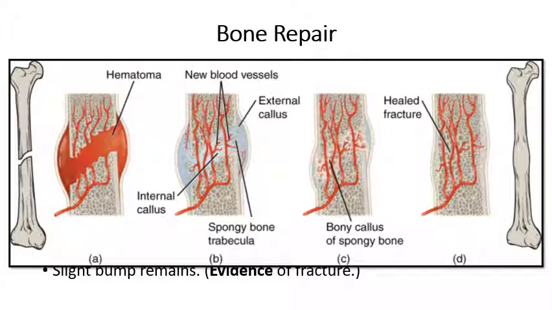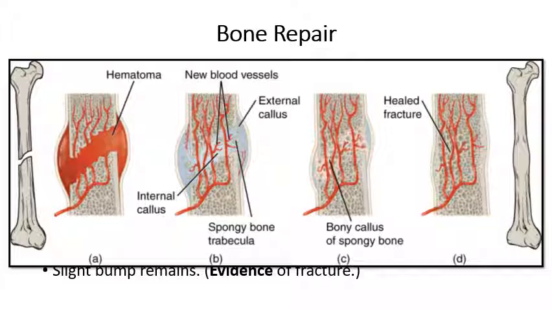Right, so you can see here we have the original break on the left. The first thing we have is a hematoma, because the blood vessels that are running up and down the Haversian canal have been broken. So that area fills up with blood. Usually, in this case, it's showing that the hematoma is contained by the periosteum.